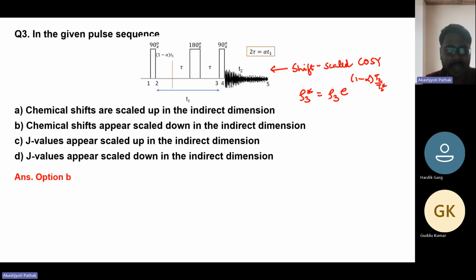So did you understand how the scaling down helps to improve the resolution? How does this downscaling help to improve the resolution of the fine structures in the multiplet? Basically, this T1 max gets increased. Once the T1 max increases for a given number of T1 increments, it will cause the chemical shifts to scale down.